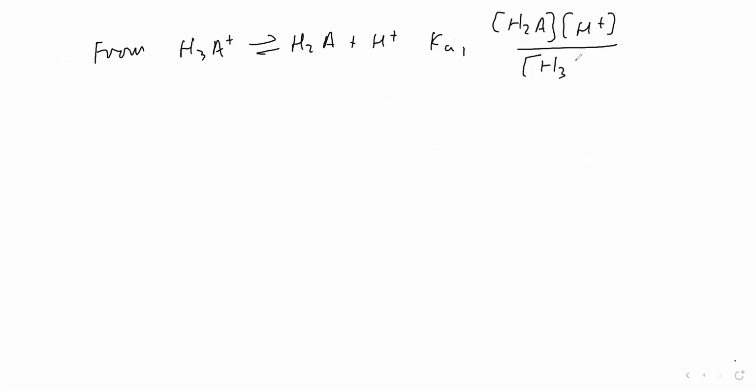H3A plus makes H2A and H plus. Our Ka1 describes that: H2A, H plus, all over H3A plus. We know the value for H plus. We know the value for H2A.